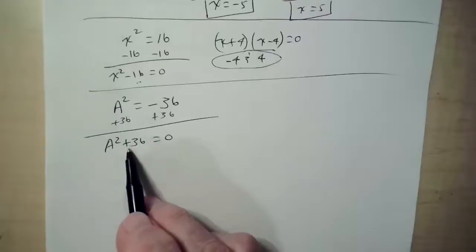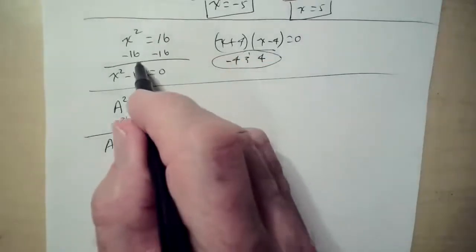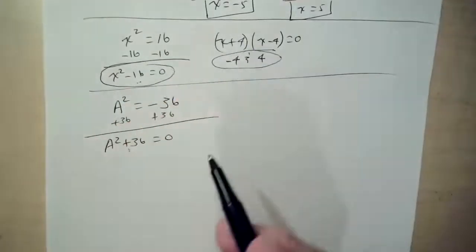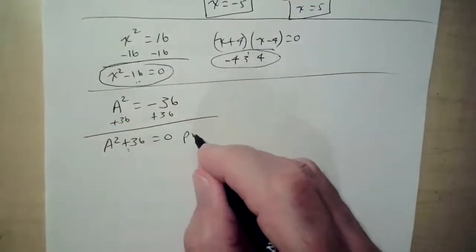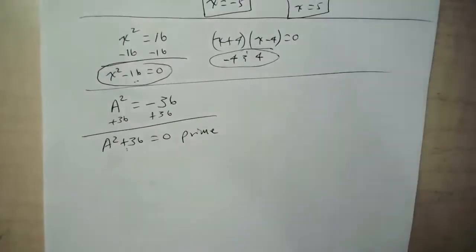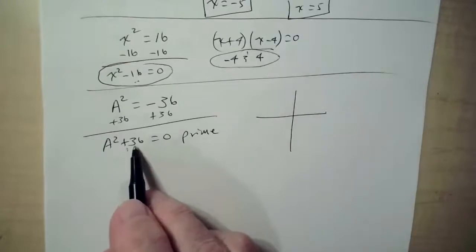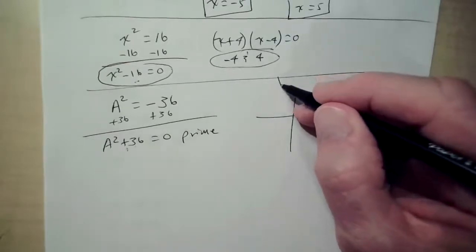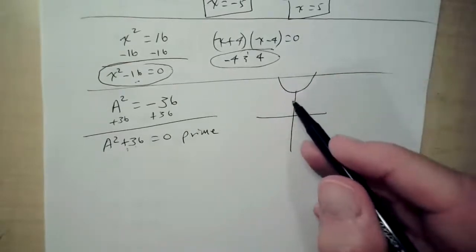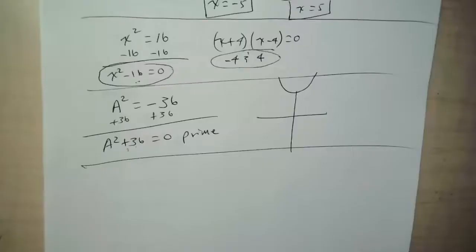Exactly. Excellent. Very good. This is prime. This cannot be factored. Remember, the only ones that can be factored, conjugates, are if it's the difference of two squares. This is prime. And what does that mean? There are no solutions to this. And if you graph it, it's going to cross the y-axis at 36, which is way up here, and will not cross the x-axis, so that's prime.